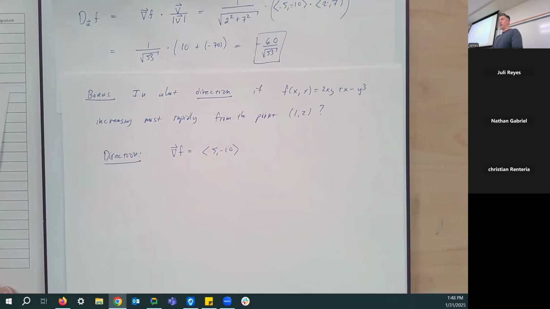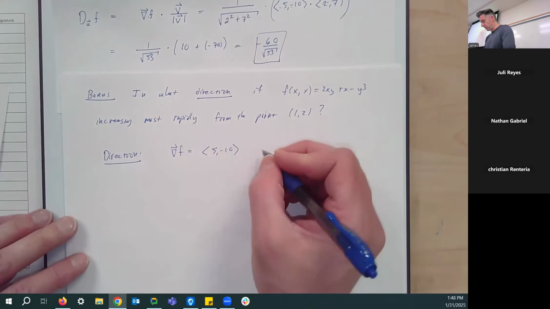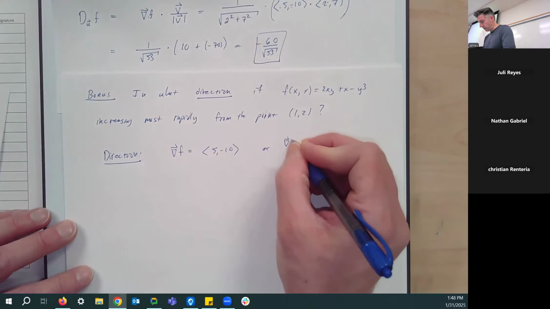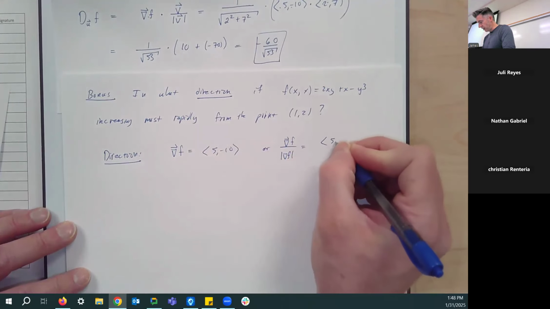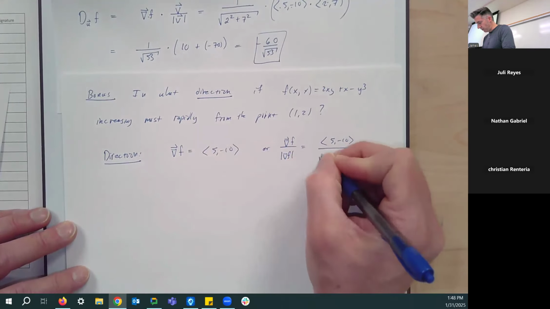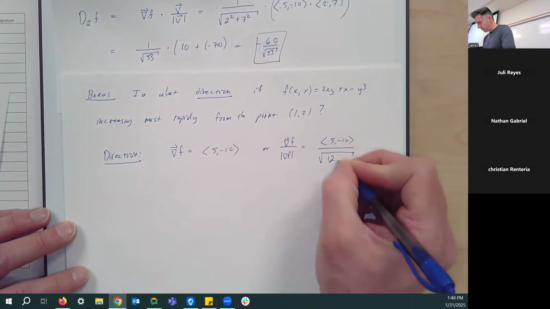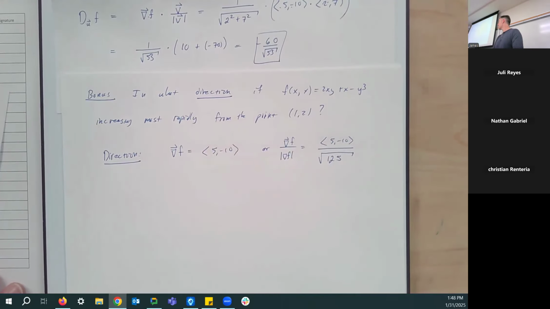Or you could normalize this and say it's gradient of f divided by the magnitude of the gradient of f, which is 5 comma negative 10 divided by the square root of 25 plus 100. But I don't think he's talked about wanting your direction answers to be unit vectors necessarily, so you could probably be good either way.